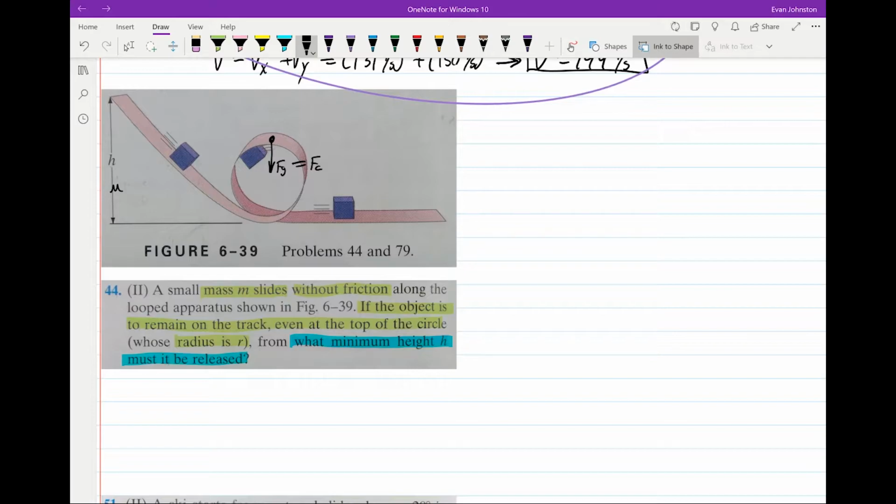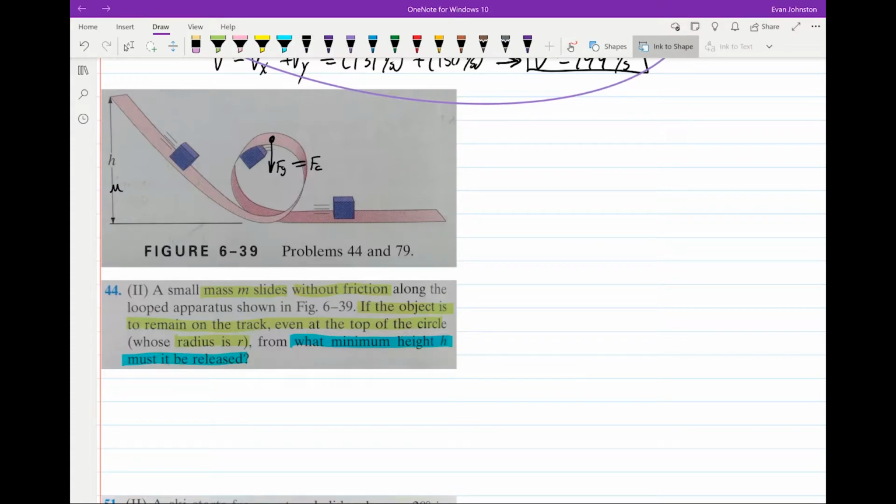If it's just barely remaining on the track, essentially there isn't going to be a normal force, because it's asking for the minimum height to just barely remain on the track. If the box were screaming through here really fast, it would be pushing against the wall of the track really hard, and there would be a normal force pushing back.